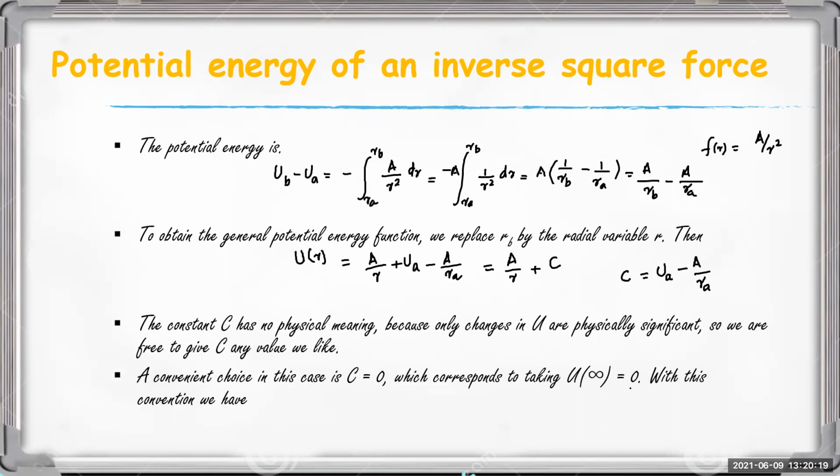With this convention, we have U(r) equal to A divided by r.